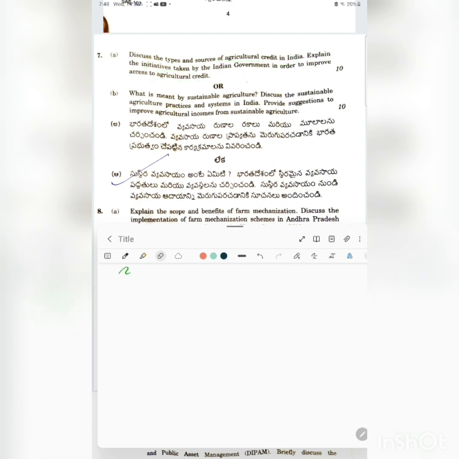The second part of the question is to explain the initiatives taken by the Indian government in order to improve access to agriculture credit. One is that every time the budget has been increasing the agriculture credit targets; at latest it's around 20 lakh crores.